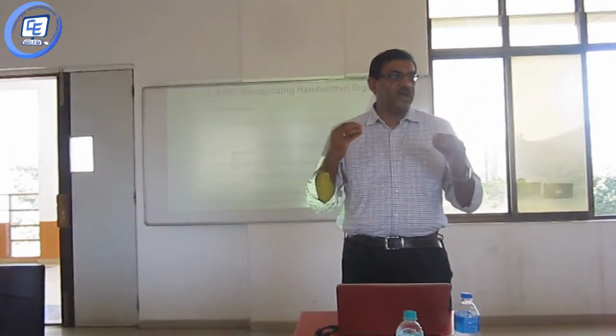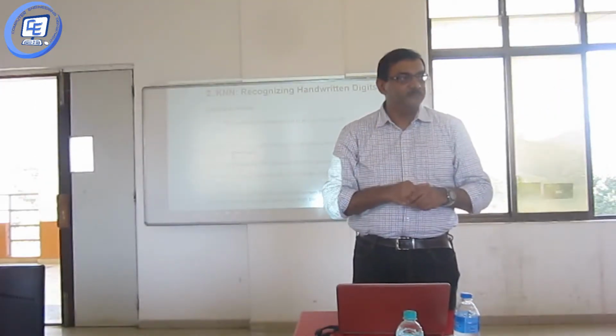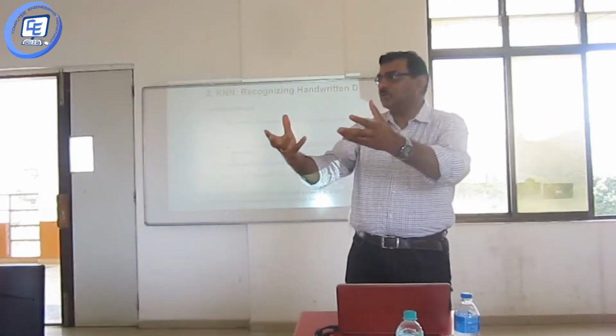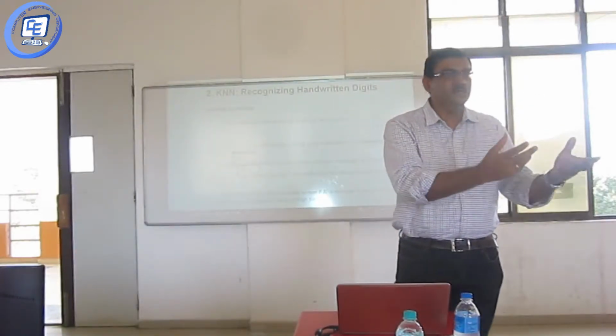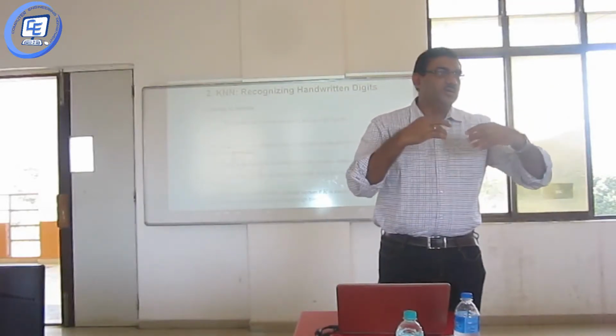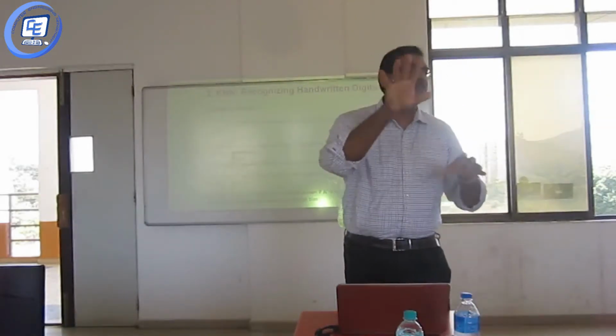So, for example, let us say in this crowd of around 15-20 people, some are from MCA, some are from computer engineering, some are from electronics engineering. I already know the labels of all the samples.